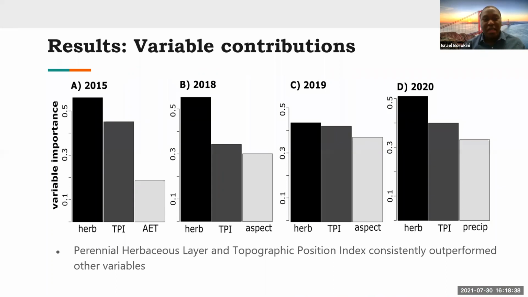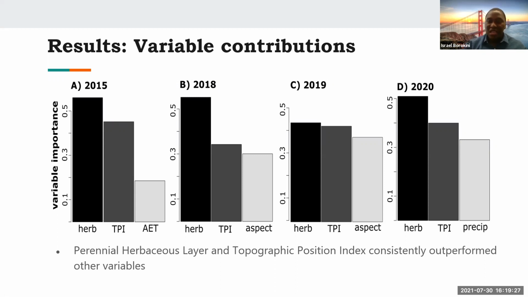From the results, across 2015 to 2020, the years in which I did the modeling iterations, we discovered that the perennial herbaceous layer, which describes the areas that have a higher spatial distribution of native grasses and forbs within the region, as opposed to shrubs and trees, had the most important contribution to the models, followed by the topographic position index.